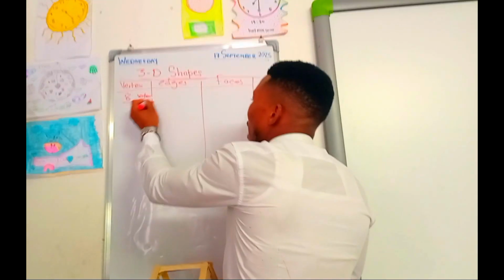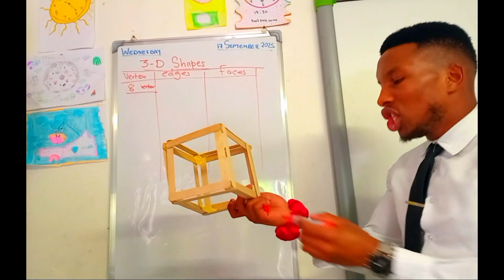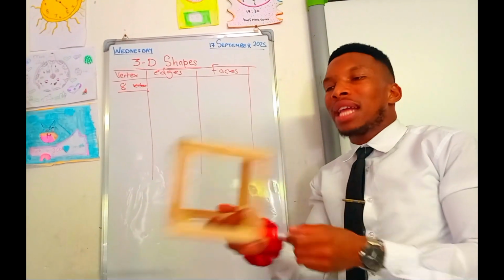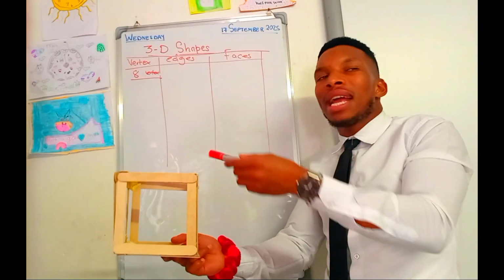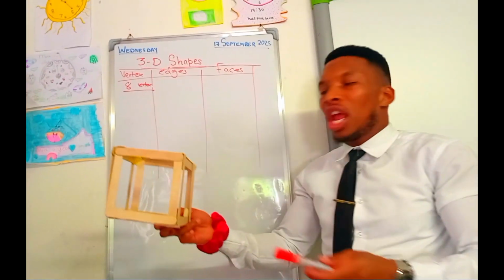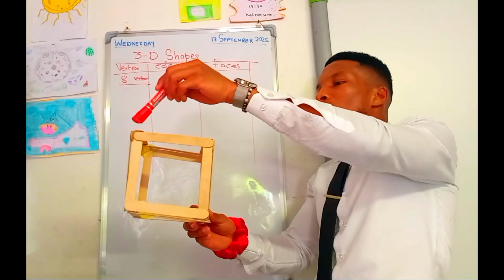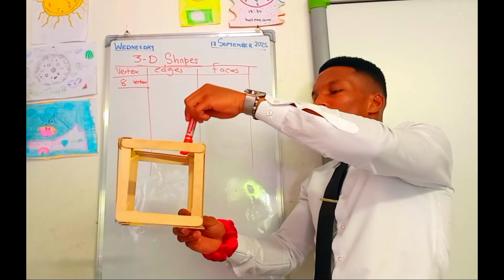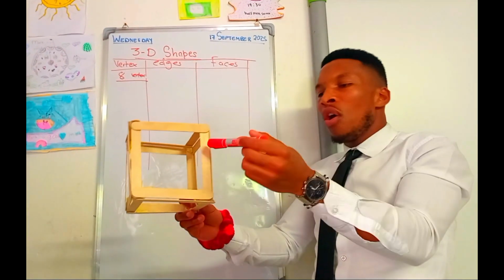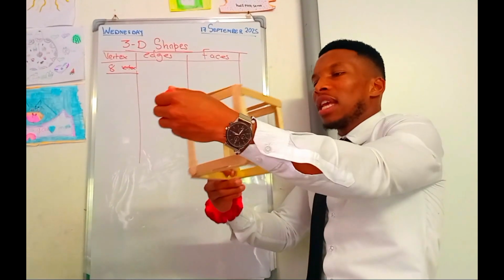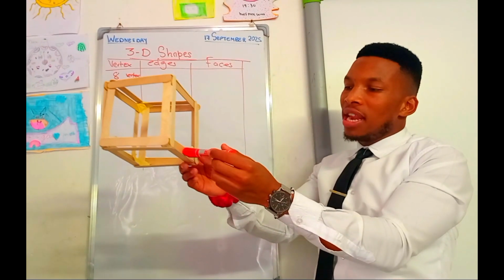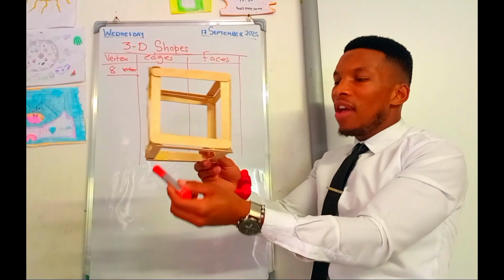Alright. Therefore, how many edges? For the edges, we normally say that it is a line, a line that creates the shape. How many lines do we have here? Let's start on top. We have 1, 2, 3, 4, 5, 6, 7, 8, 9, 10, 11, 12.